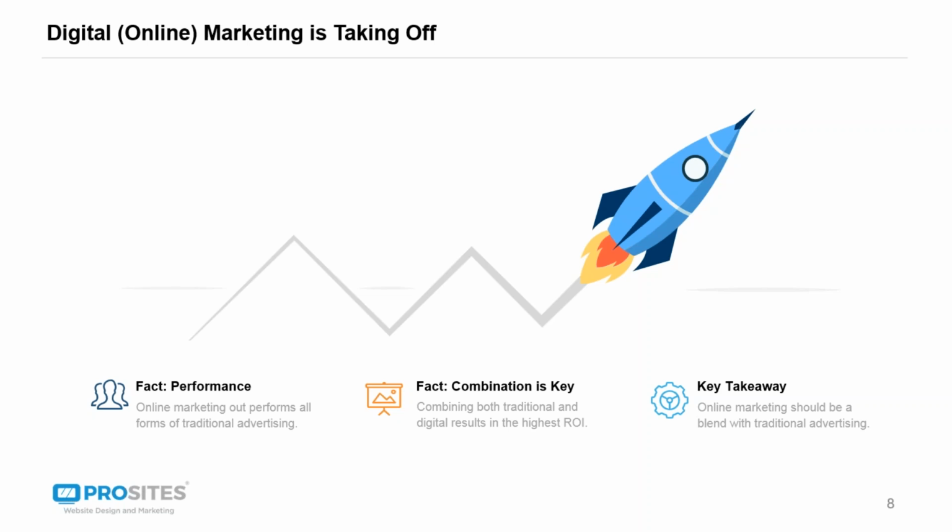So that really tells you that digital or online marketing isn't an either-or strategy, but you should think about blending your traditional advertising with online marketing. So if your practice is focused 90% on traditional advertising, you should consider migrating your budgets in favor of online advertising.